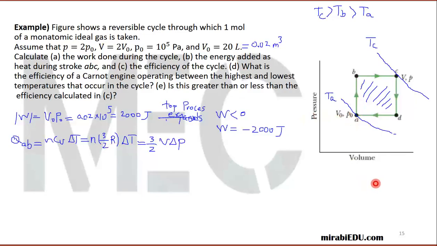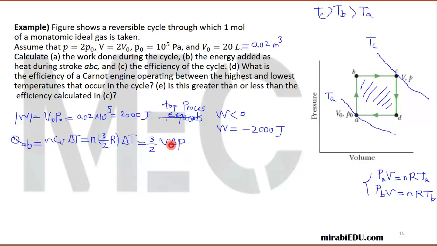because I can write PAV equals nRTA, and once I can write the ideal gas formula for point B like this, nRTB, and therefore subtracting these, V times delta P is equal to nR delta T. So instead of nR delta T, I wrote V delta P here.